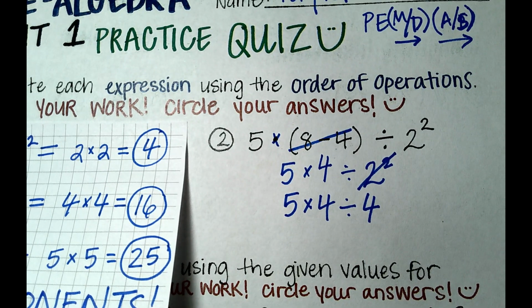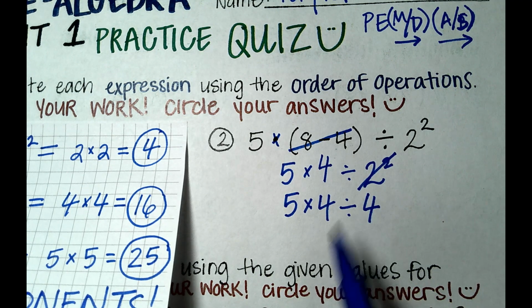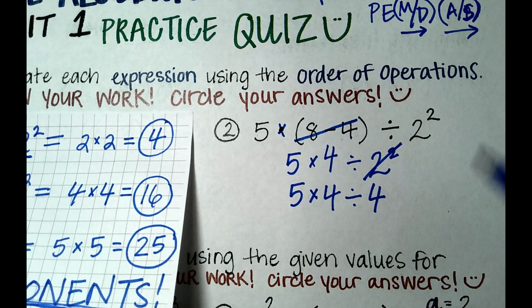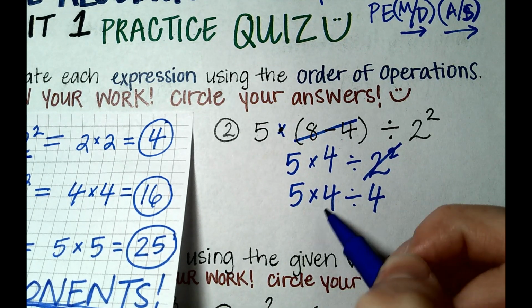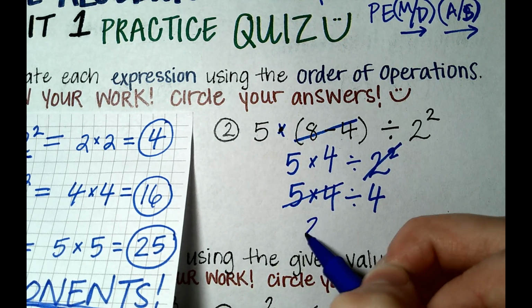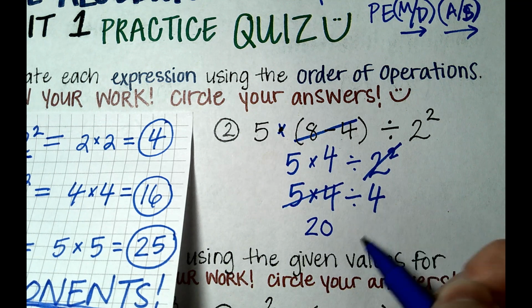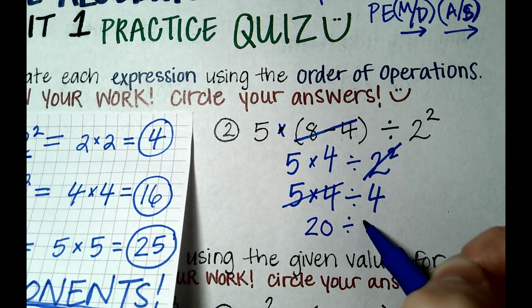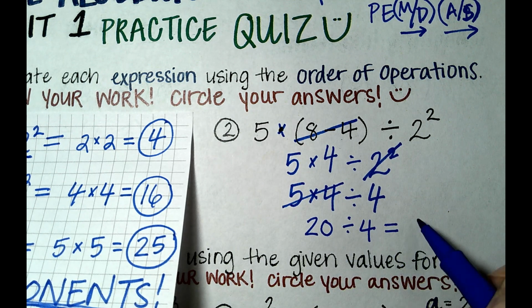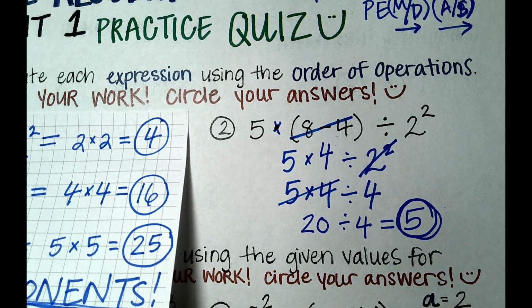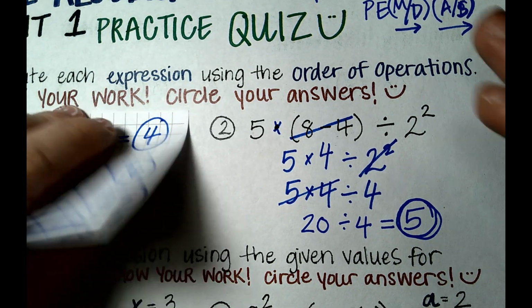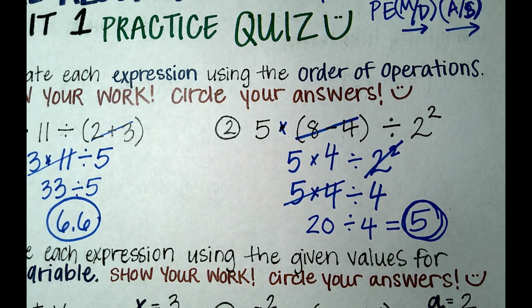Okay, no more exponents. So on to multiplication and division. It looks like that's all we have left. So from left to right, what would I do? 5 times 4. Good. 5 times 4 is 20. Divided by 4 is 5. Good. So 5 is your answer for number 2.